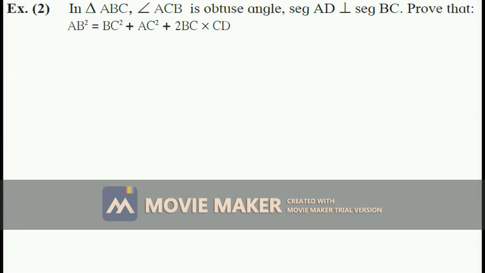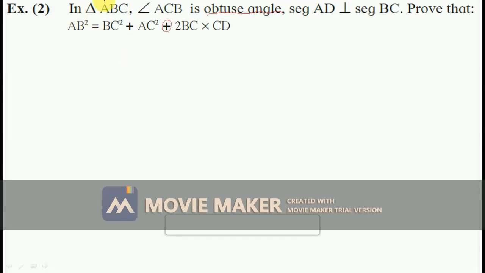In the acute angle, we had to write minus 2BC into CD, but for the obtuse angle we have to prove plus 2BC into CD.